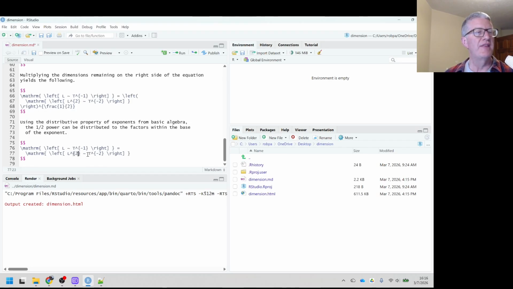And if we take the length squared and the time to the -2 to the 1/2 power, each of them to the 1/2 power, that means the exponent on length goes away, and the -2 becomes a -1. Again, we're taking these both to the 1/2 power, which means we multiply the exponents, and a 2 becomes a 1, and a -2 becomes a -1.